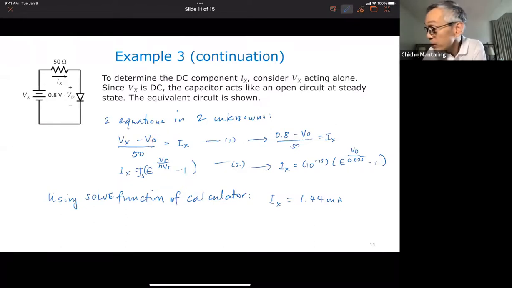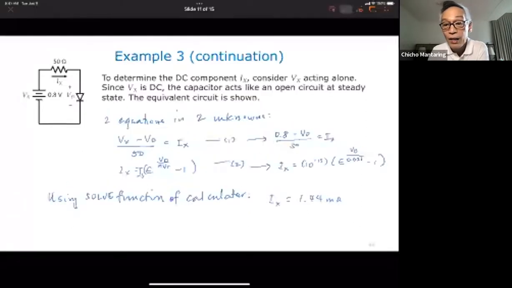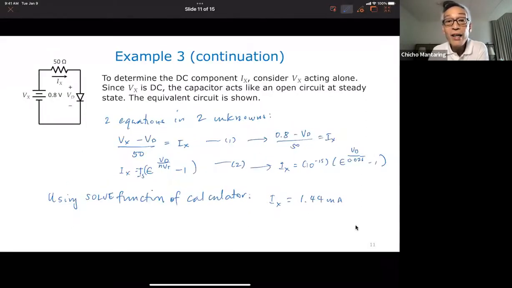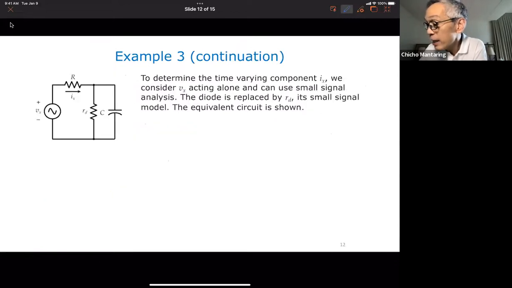So supposedly, if your Shockley model were accurate, this is supposed to be more accurate. Okay, so tapos na yung first part, no? Getting the DC component. Now, how do you get the time varying component?